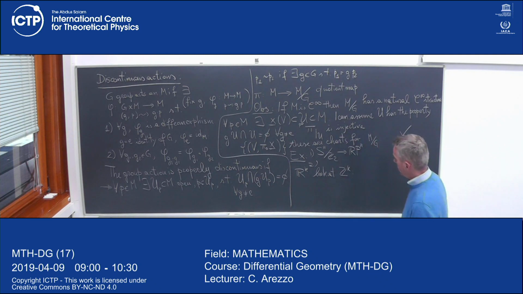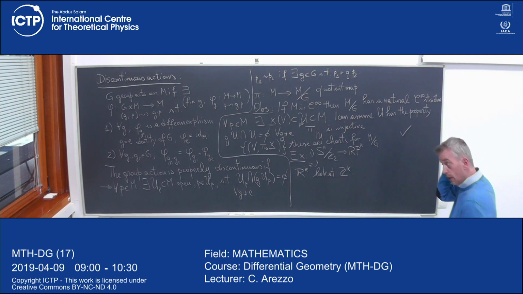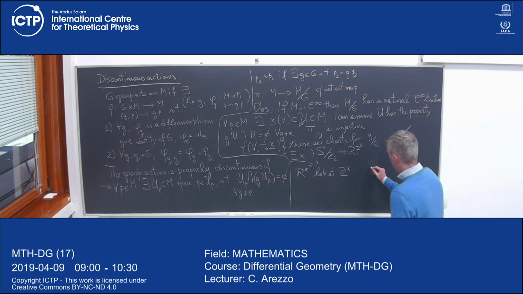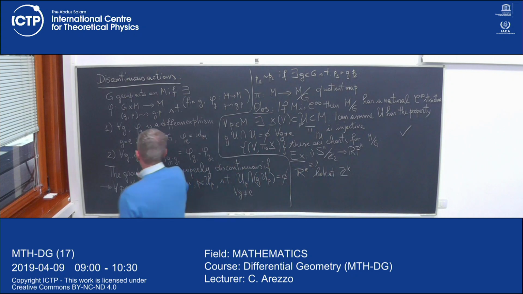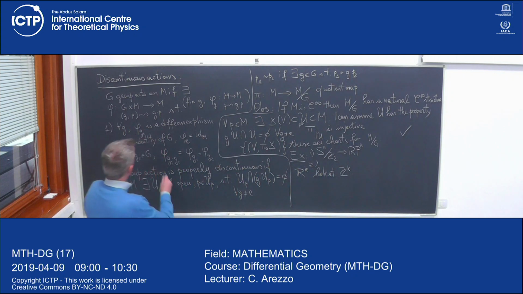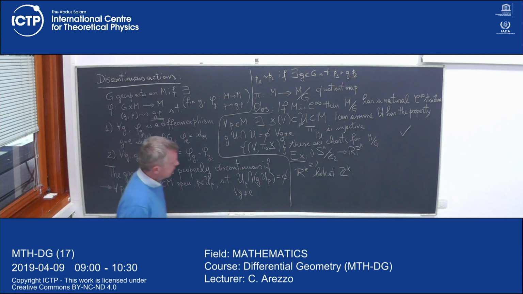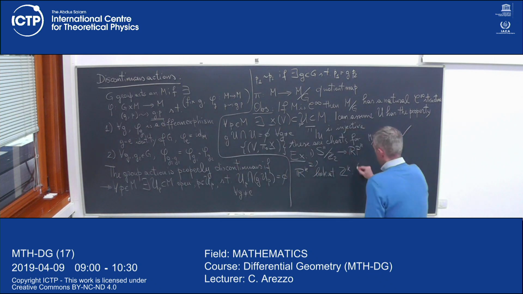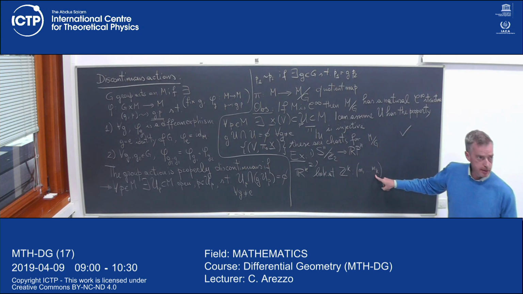Well, it acts in many ways. The simplest is, of course, this one. So you take an element of the group. I need to tell you what is g times p. So I need to define this. So let me take (m1, ..., mk), and of course by this I will mean an integral vector, no?